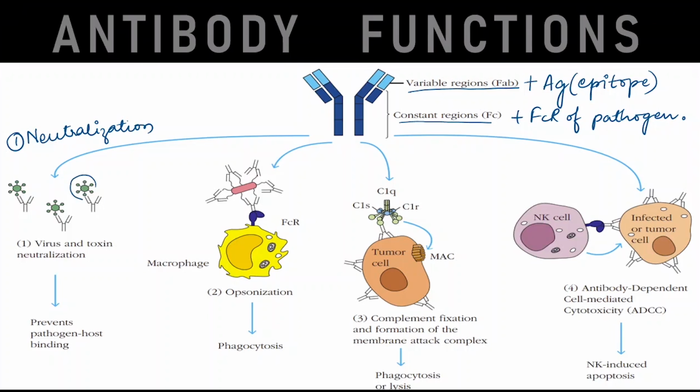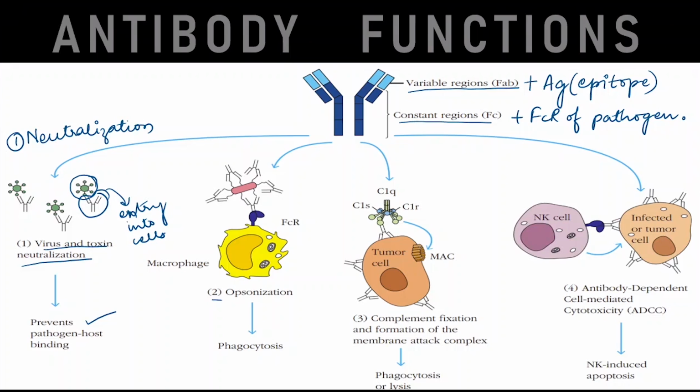This is some virus or pathogen or any kind of toxin, and they neutralize it by binding and blocking the receptors that the pathogen uses to gain entry into the cell, so that it cannot enter the cells. So virus and toxin neutralization further prevents pathogen host binding.